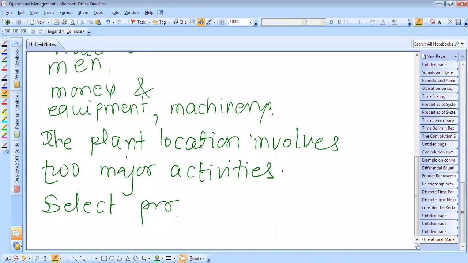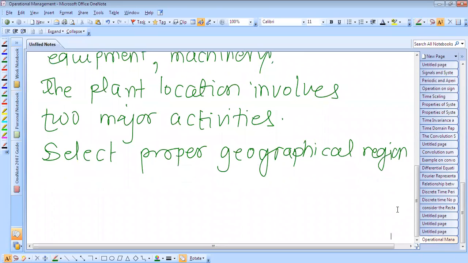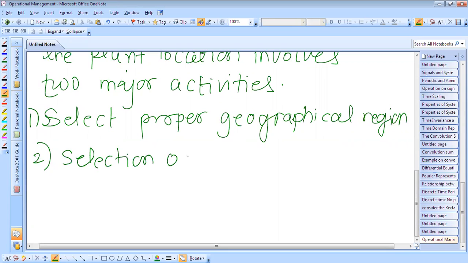Then second, selecting the specific site within the region. Once you select the geographical region, then we have to select the specific site within the region.